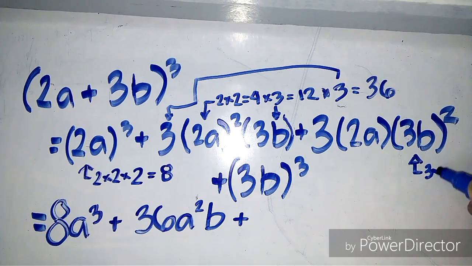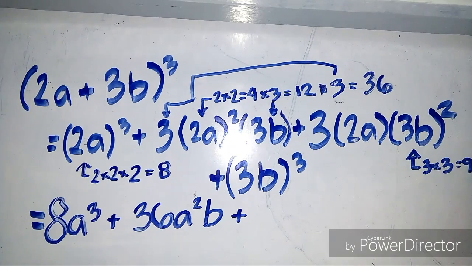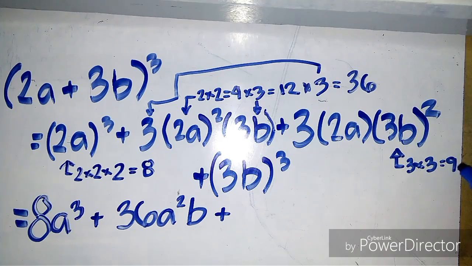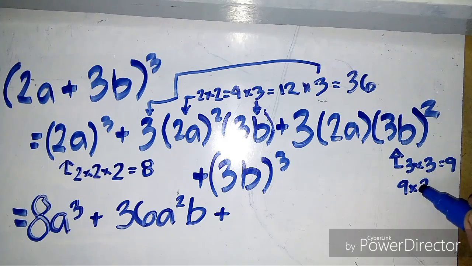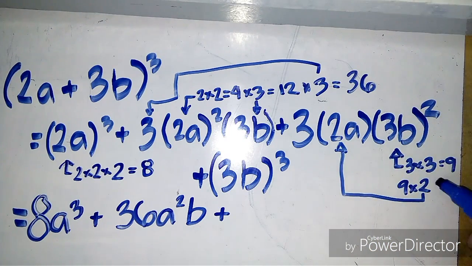So next, you're going to multiply 3 2 times, so that would be 9. Then you're going to multiply 9 by 2. We got the 2 over there, so that would be 18.